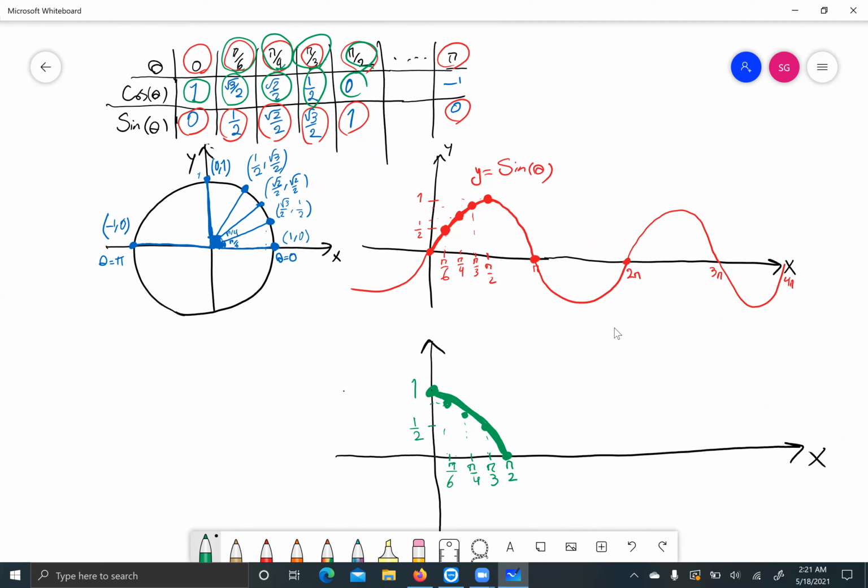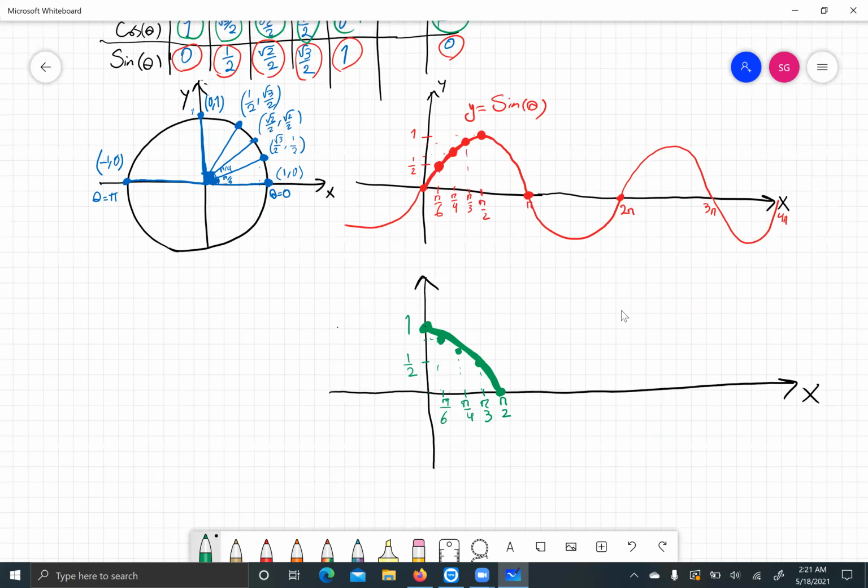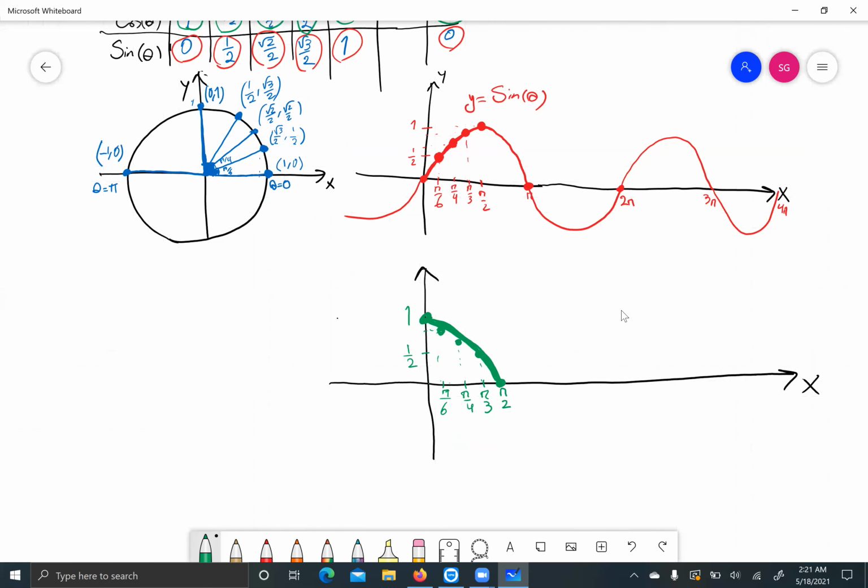And then if you keep doing this, for example, at pi, it reaches -1. So suppose this is pi. At pi it is -1. So your graph is like this.